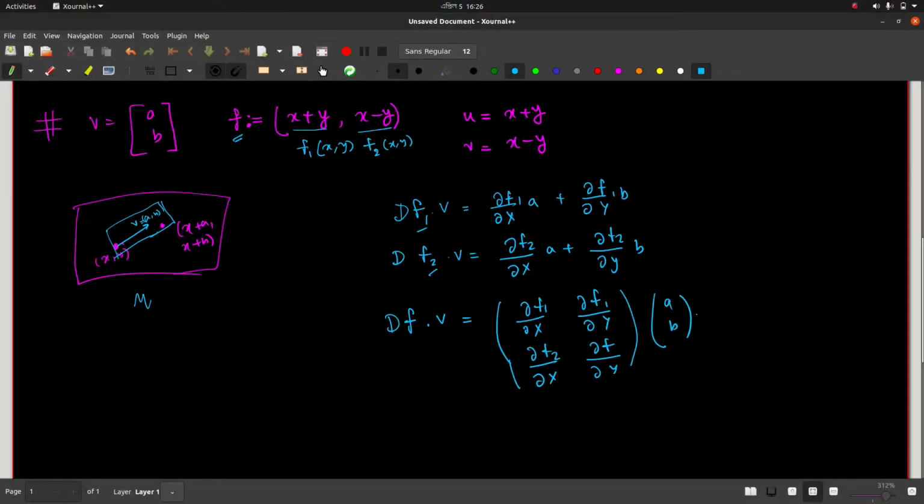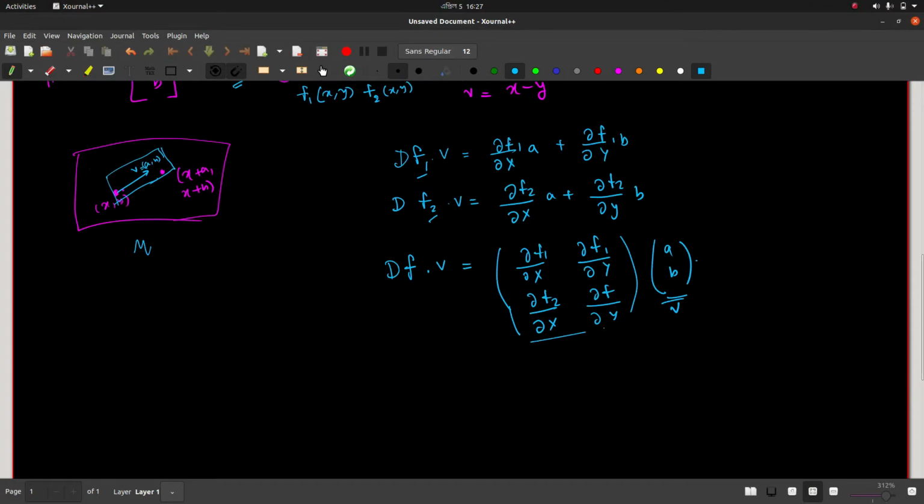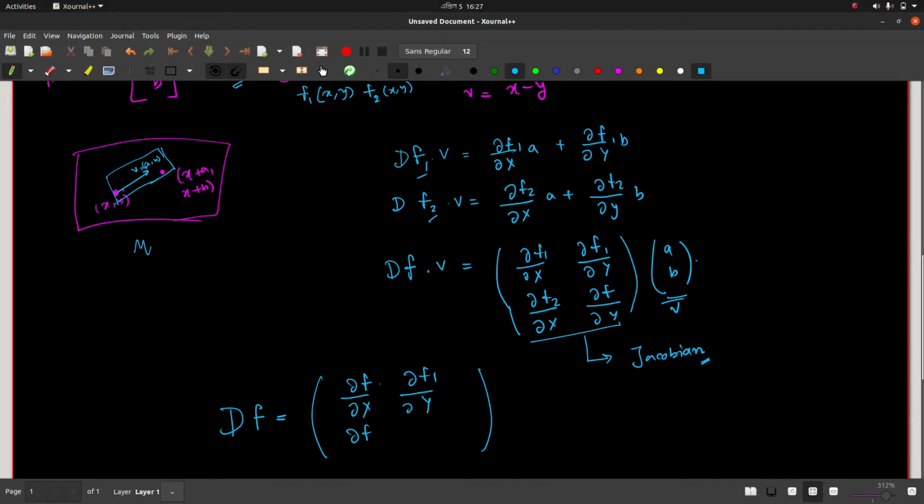AP, which is nothing but v, the vector, and from there you can see that this is just the Jacobian matrix. So you can say that the change of the mapping itself is given by the Jacobian matrix. 2 y, and there is still f2.